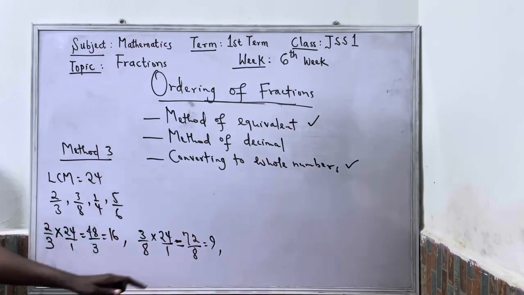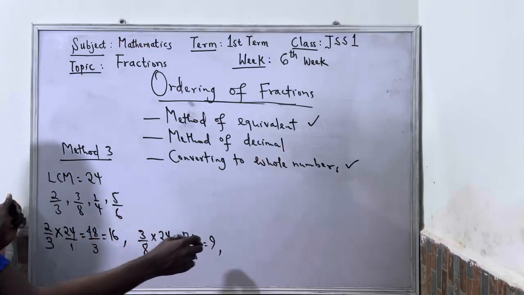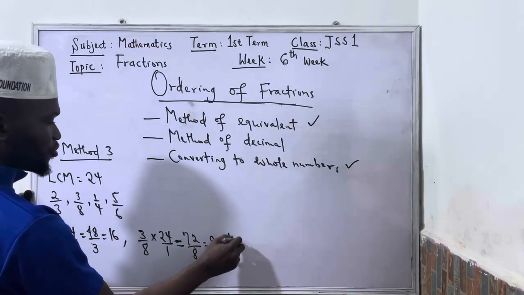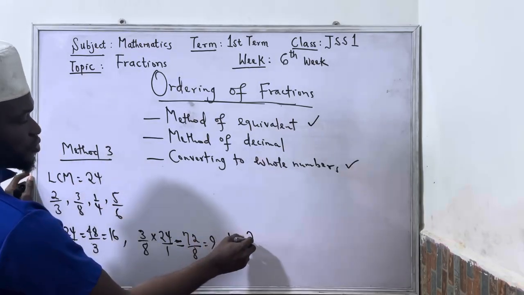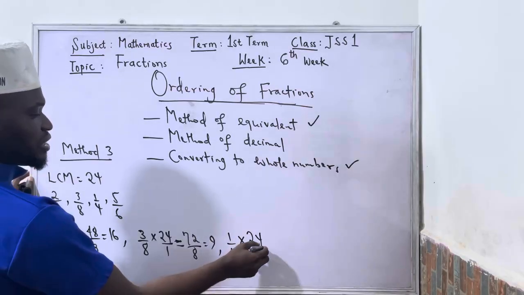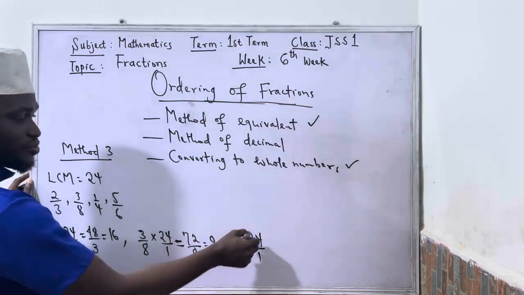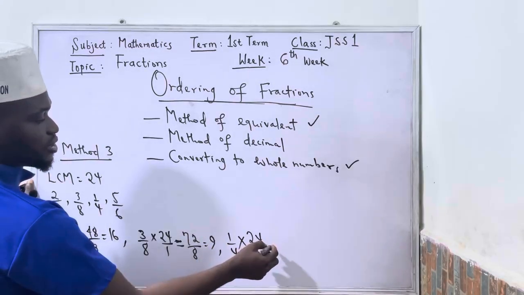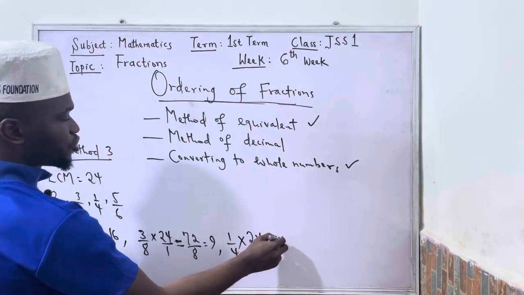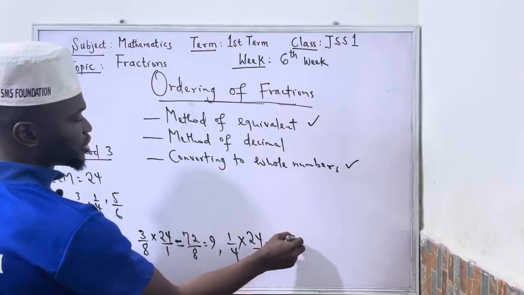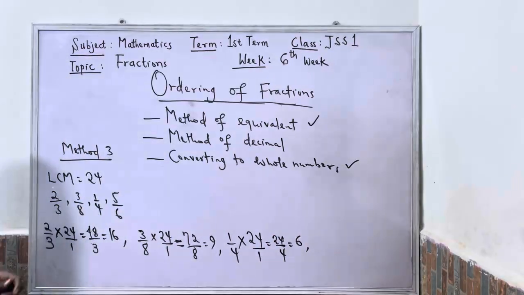So this is for the second fraction. Now for the third fraction, 1 over 4 times the LCM, which is 24. Instead of wasting time, you just cut 4 here and 4 here, 6. Or you just do 1 times 24, that will give you 24. Then 24 divided by 4, that will give you 6. You can still go like that.